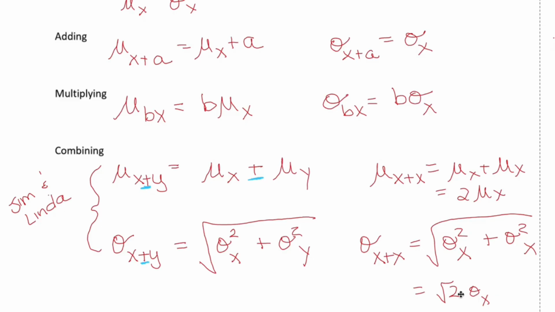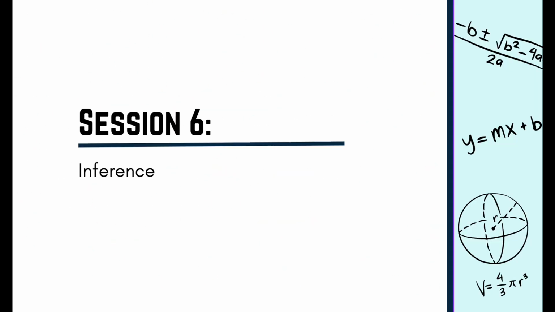So just remember that when you add the standard deviation twice, you're not directly multiplying it by 2. You have to find the variance first. For the variance, you times 2 and then take the square root, so it becomes the square root of 2 times the original standard deviation. Okay, and that's all for this unit.